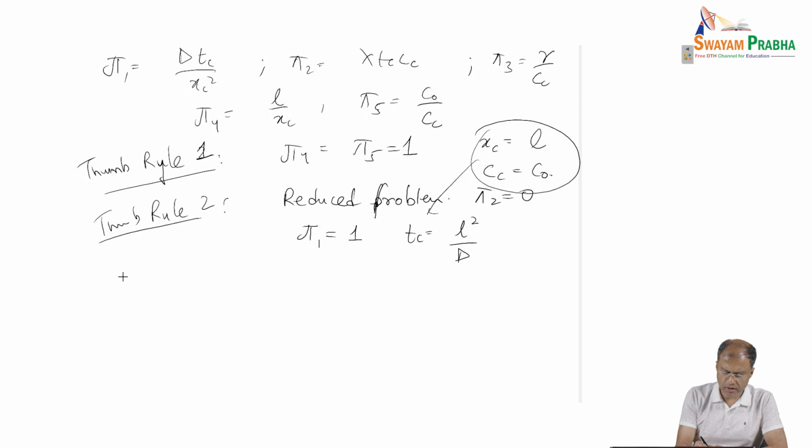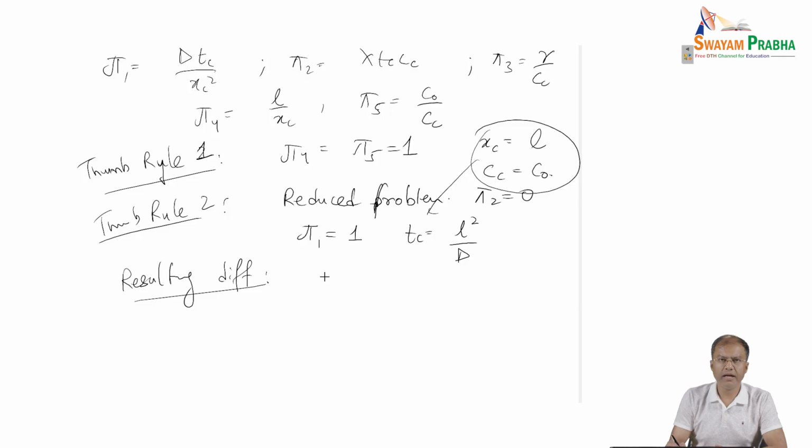Right? And now the resulting differential equation in terms of the remaining dimensionless groups will be partial u partial y square is equal to partial u partial tau minus epsilon (b minus u) times u.